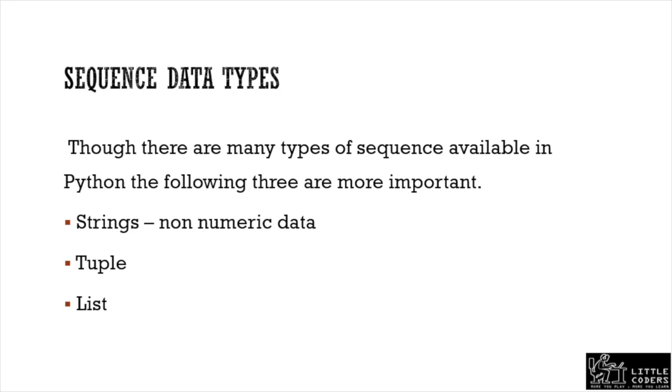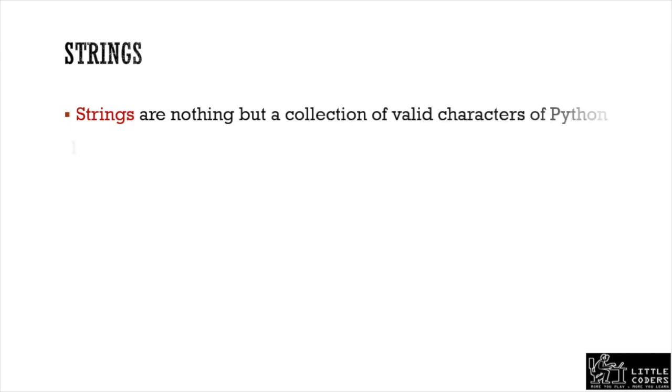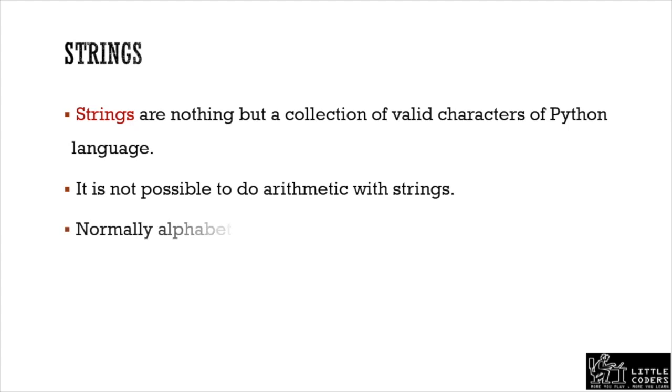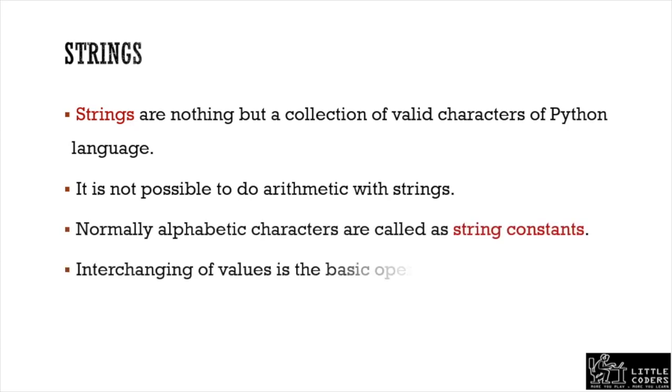At present, we are going to discuss strings. Then we will discuss tuple as well as list using some other example. What is a string? A string is nothing but a collection of valid characters of the Python language. You can use any character. So in that case, it is called a string.